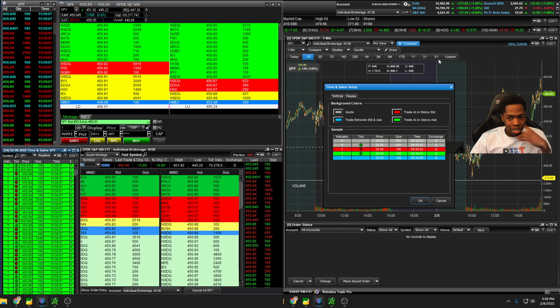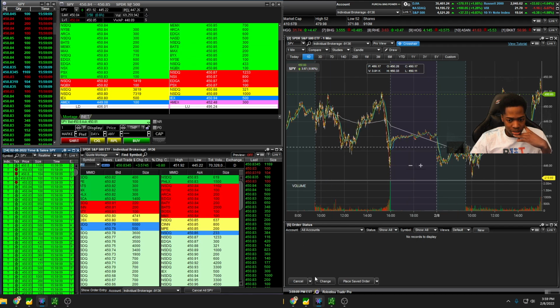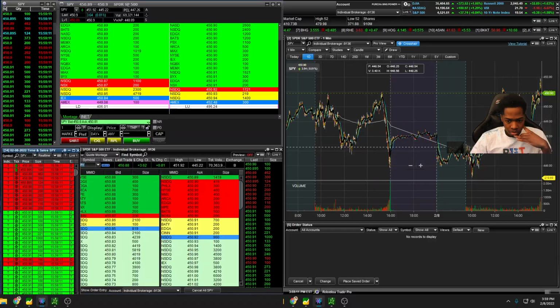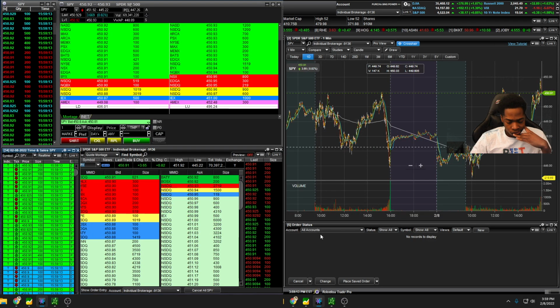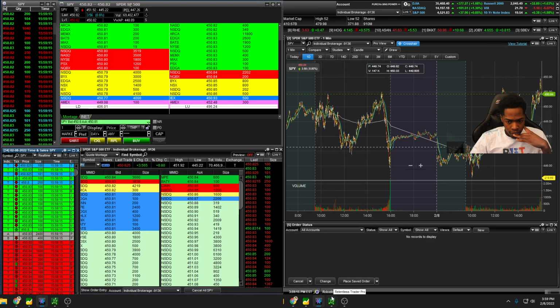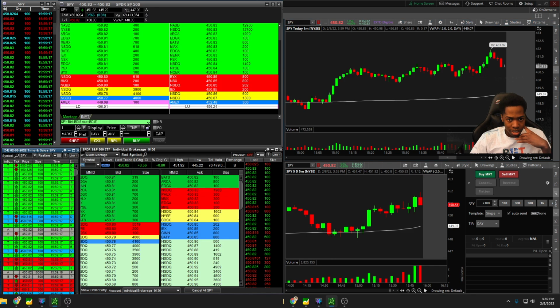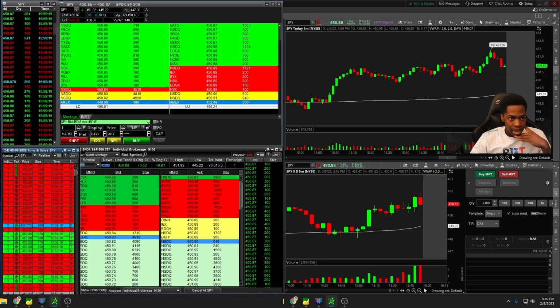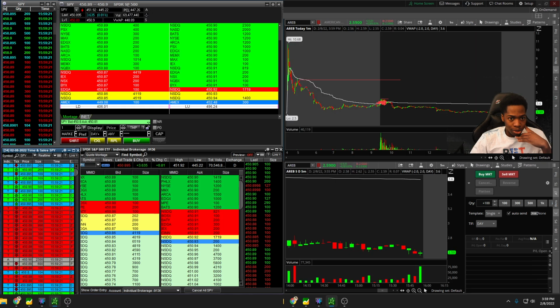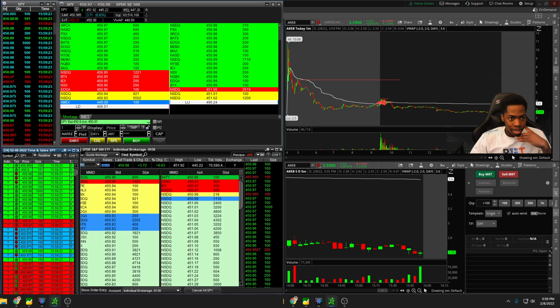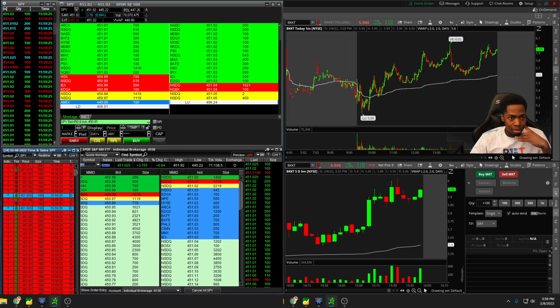Do we have any small cap stocks moving right now? Let's see. We have 40 seconds to the close. Not much there. BKKT, not much.